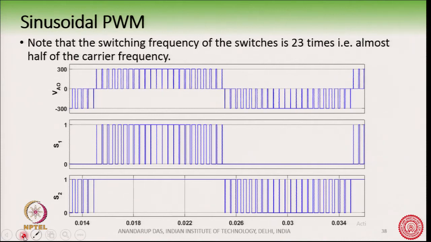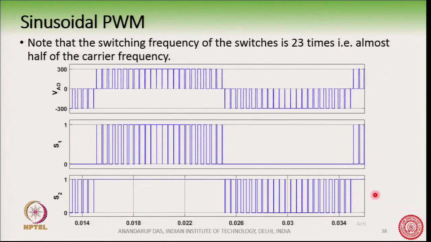Okay. Now, here this waveform shows the VAO voltage as well as the upper two switches S1 and S2, the gate pulses for S1 and S2 are given here. Okay.